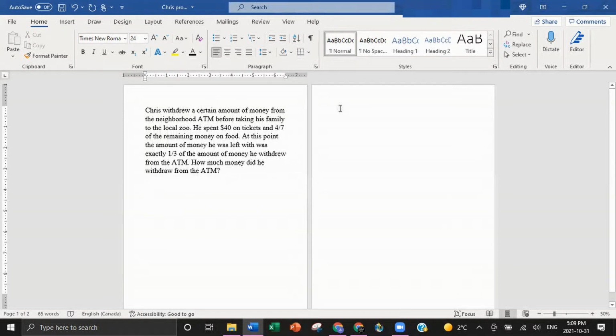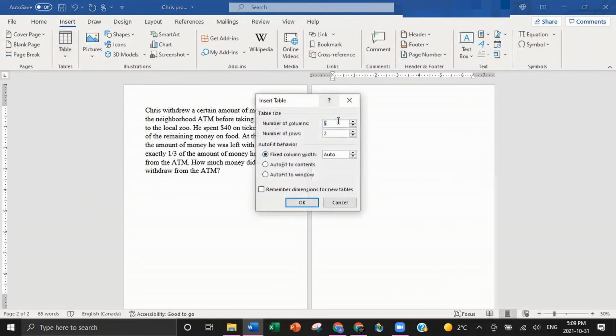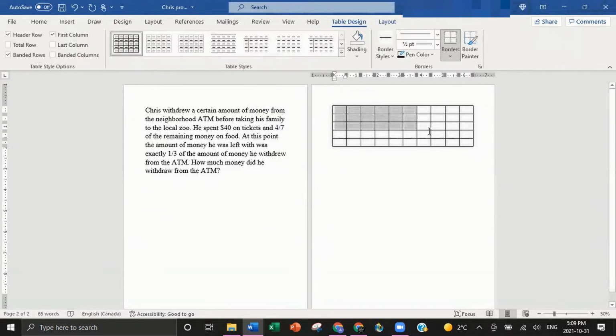All right, to do this problem, I'm going to make a table. We make 10 columns and 5 rows just so we have enough space to do our work.